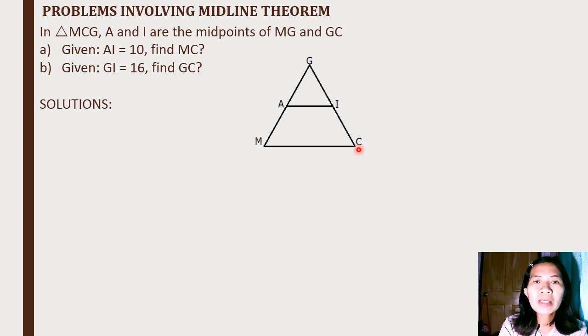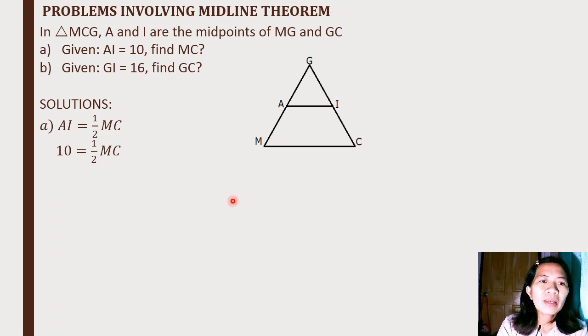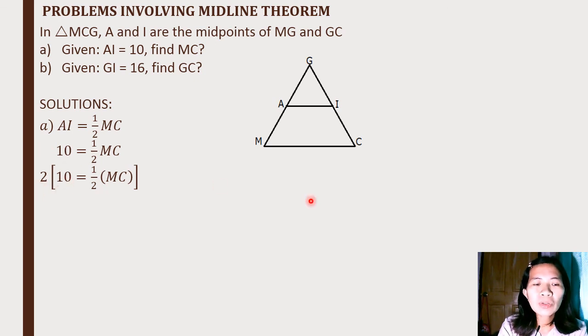Now, so we have these solutions. Segment AI is equal to 1/2 of segment MC. So remember the midline theorem: the mid-segment is 1/2 of the third side, which is parallel to it. So if segment AI is 10 units, equal to 1/2 of segment MC, we are going to multiply both sides of the equation by 2. 2 times 10 is 20.